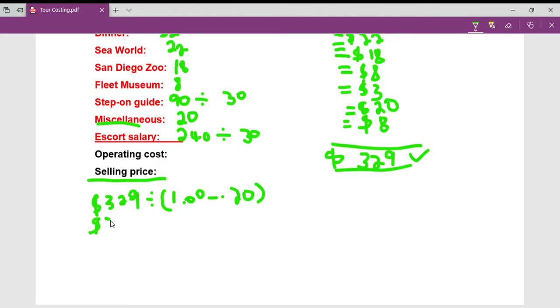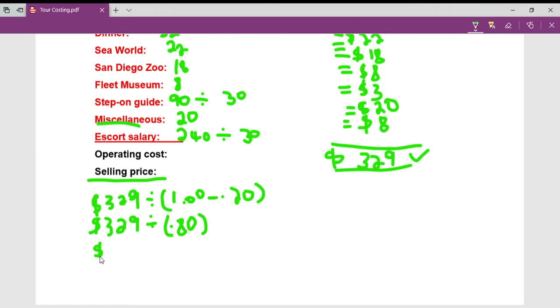Okay, we can carry on. Please remember to show all your steps so that I can give you all your marks. And open bracket, so basically what you have there is 100 minus 20%, which is going to be 80%. Again, we express this in terms of decimals, and then we carry over.